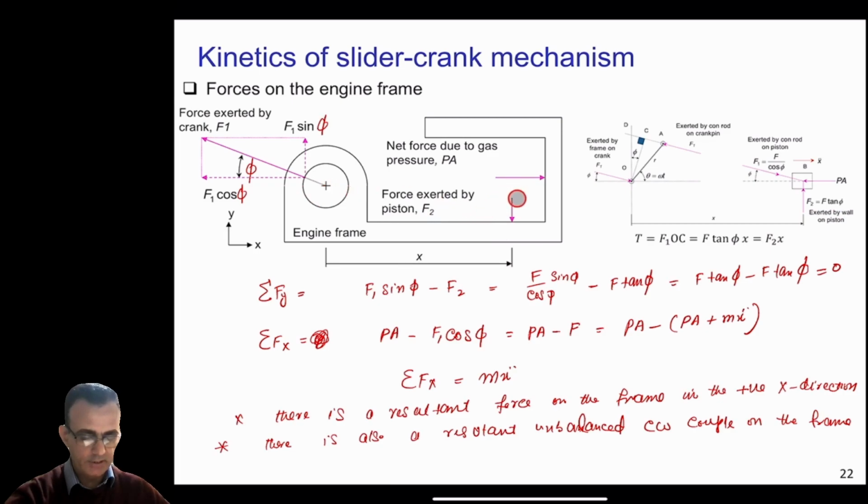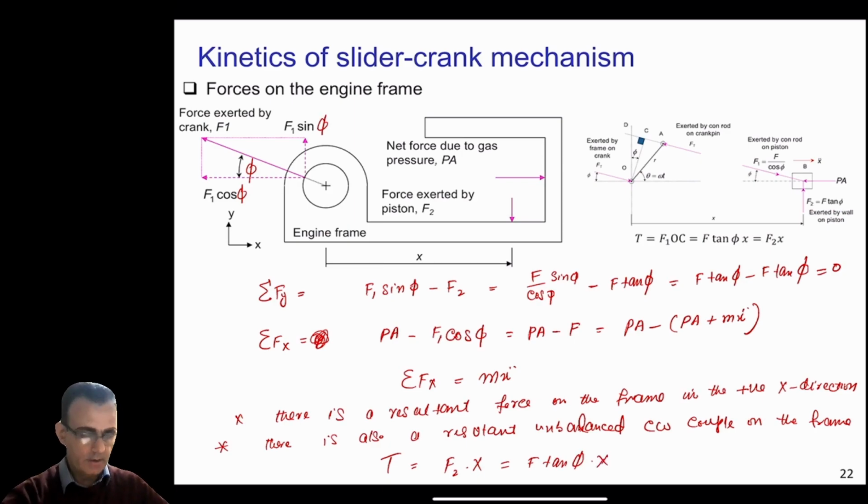So we know that this f2, because all other forces are passing through this center here, but we can take this f2, and because the distance here is x, this out of balance force here is f2 times x here. You can simplify this. So f2, you can put the values f tangent pi and x here.